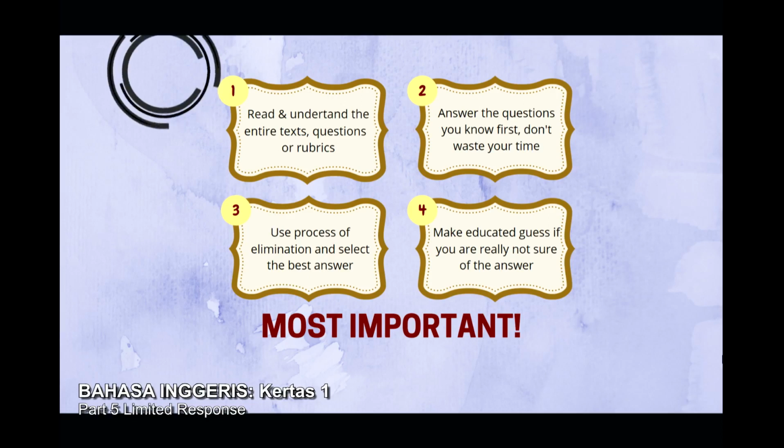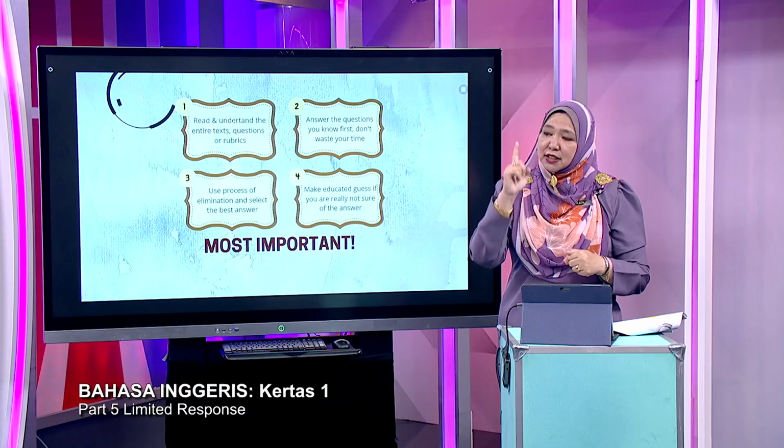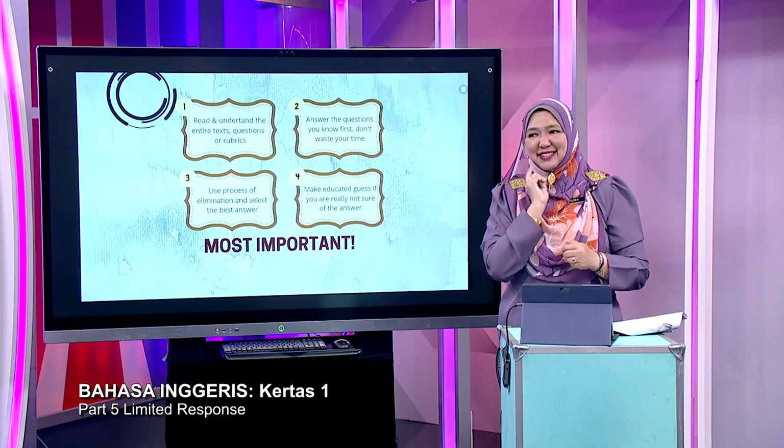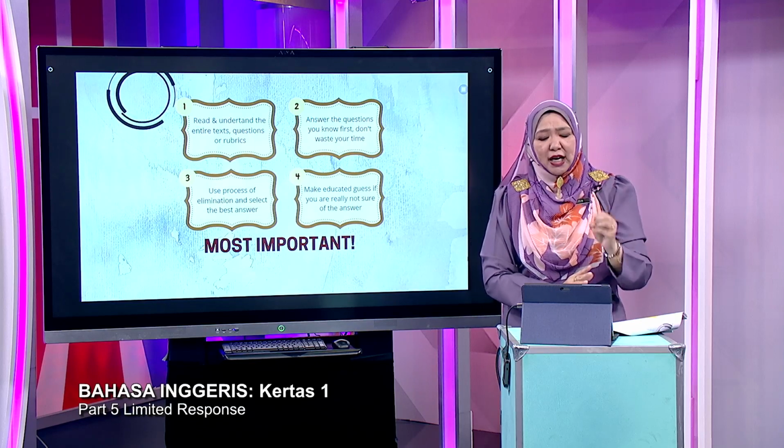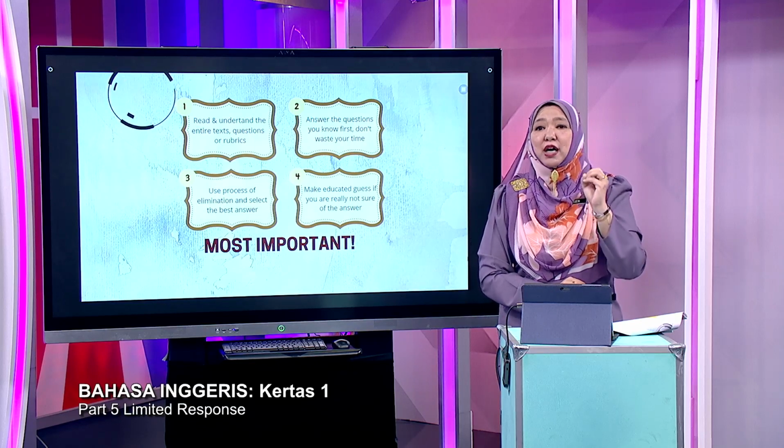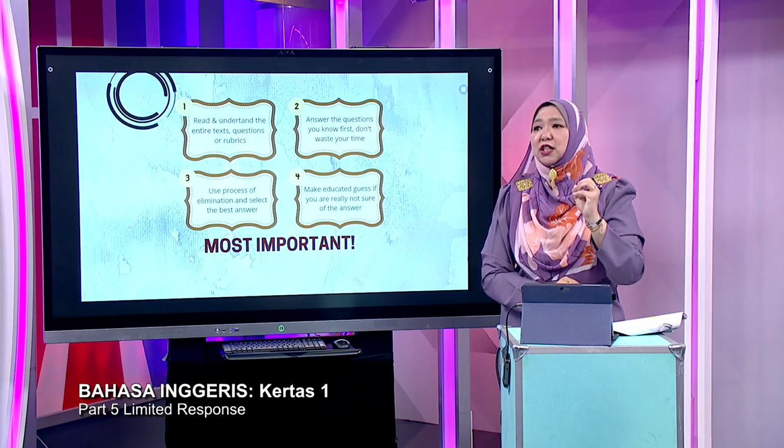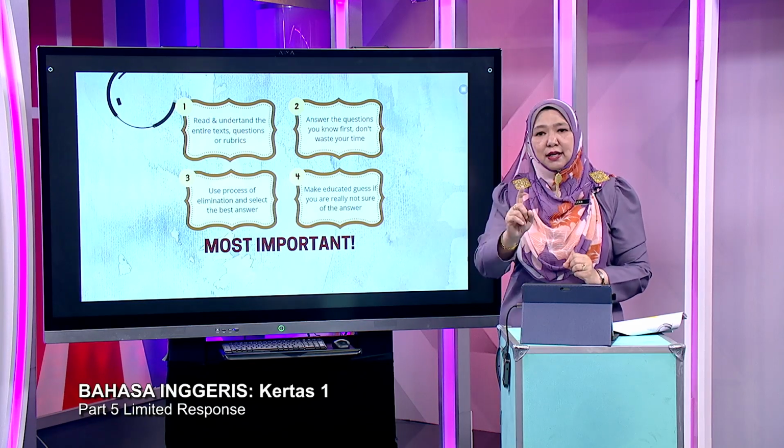Number 3, use the process of elimination and select the best answer, except for the last part. Even for the last part, part 5, you can still use the process of elimination for question 33 to 36. And lastly, make an educated guess if you are really not sure of your answer. That is the last resort.